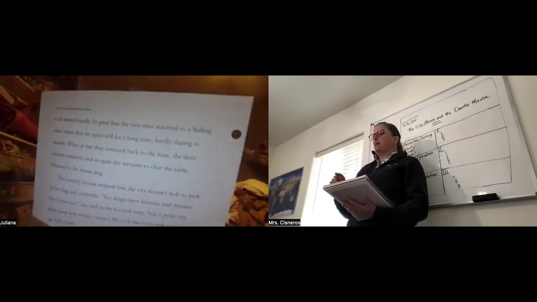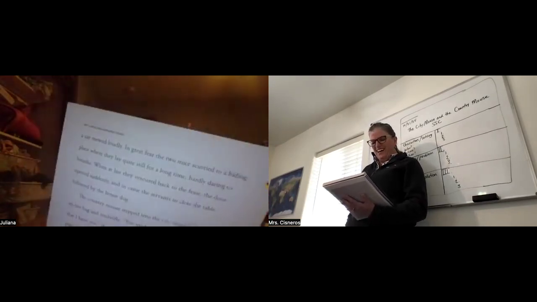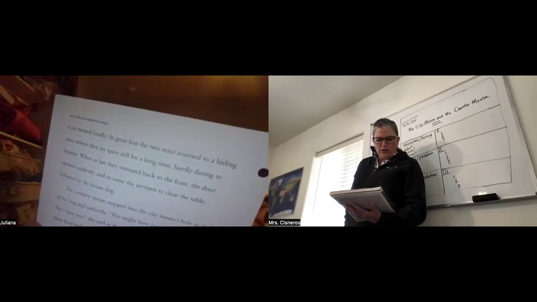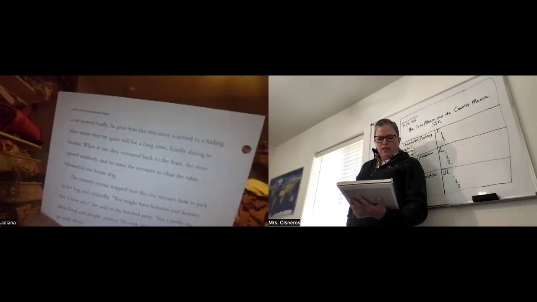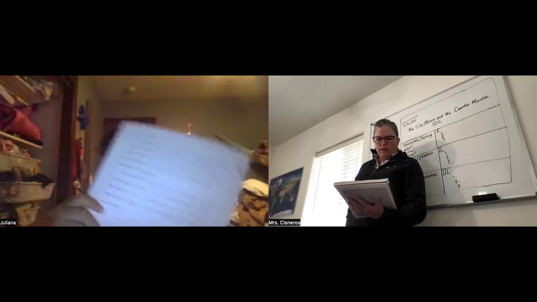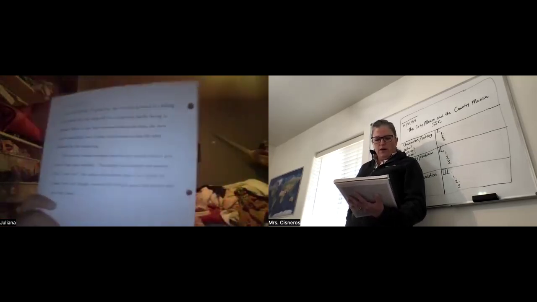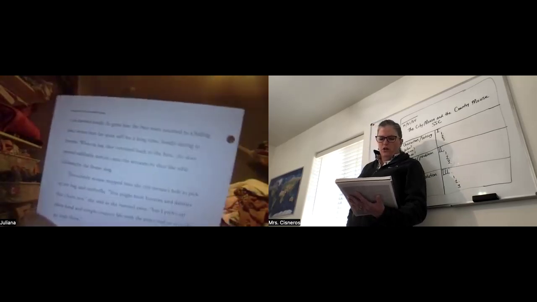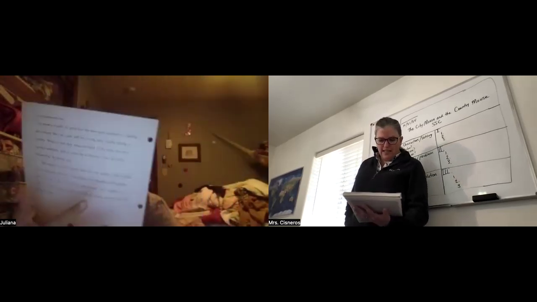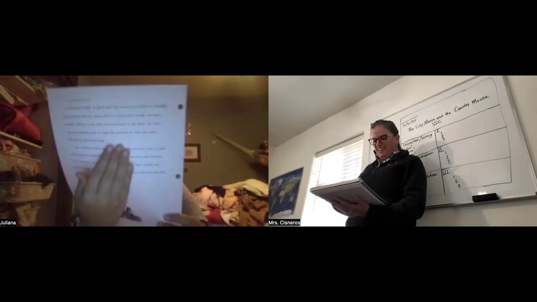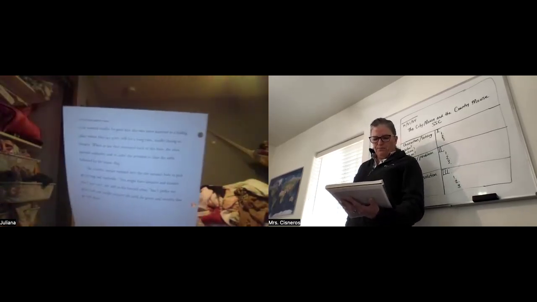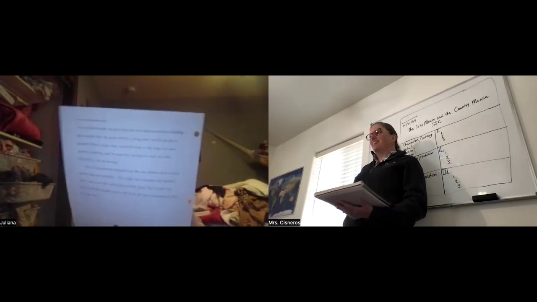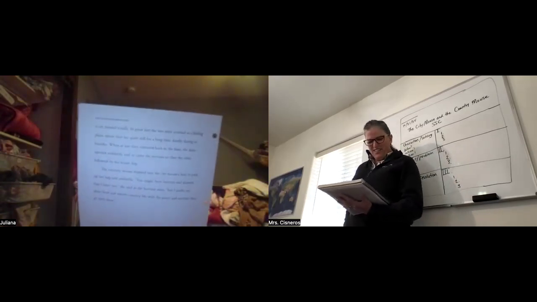In her dreams, the country mouse enjoyed all the delights of city life that her cousin had described. So the next day, when the city mouse asked the country mouse to go home with her to the city, she gladly agreed and packed her things. Well, at least they got their LY adverbs in there. They did. Those are good ones.